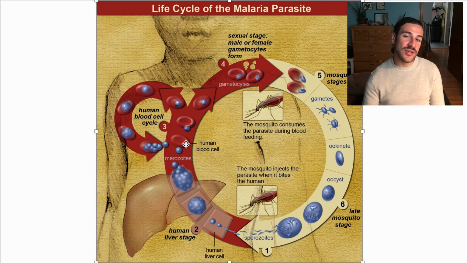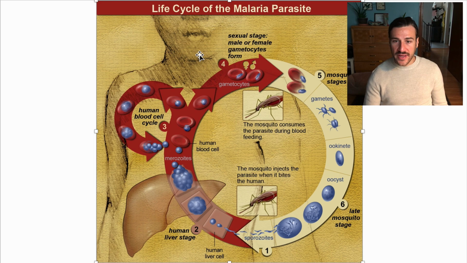So your own immune system can't actually detect the merozoites because it's being held within your red blood cells. So your red blood cells can actually carry out their function, delivering oxygen throughout your body, and still having this parasite within it, where they too are proliferating.